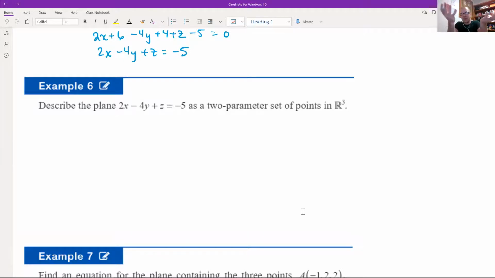So really what we're going to do is choose one of these variables to be our basic variable, and 2 of them will be free variables, which basically just means we're going to solve this equation for one of the variables and then write the 3 parametric equations that way. The easiest one to solve for would be z. So how about we do that?